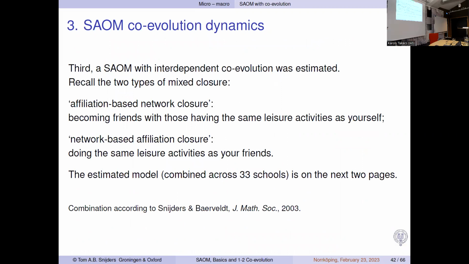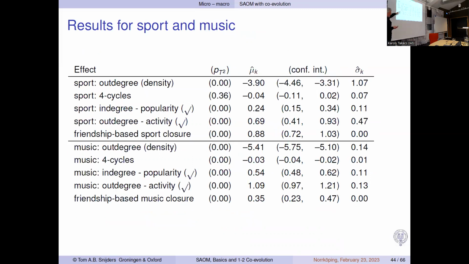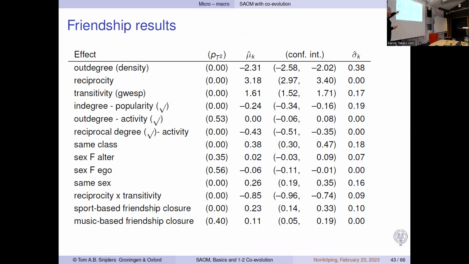Then for the co-evolution model, let me now give you an example of the results. The first part is for the friendship network, and this is for the sport and music two-mode networks.